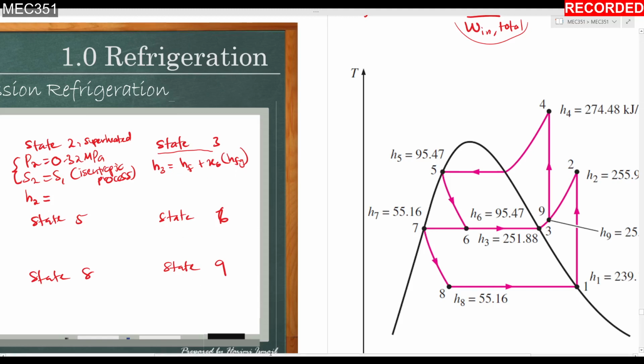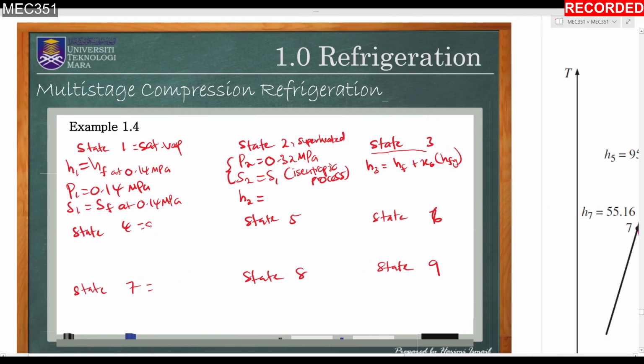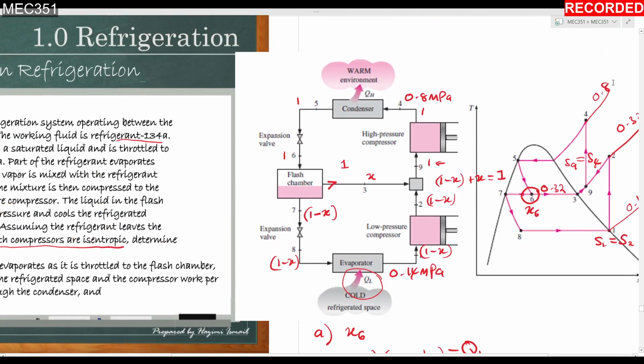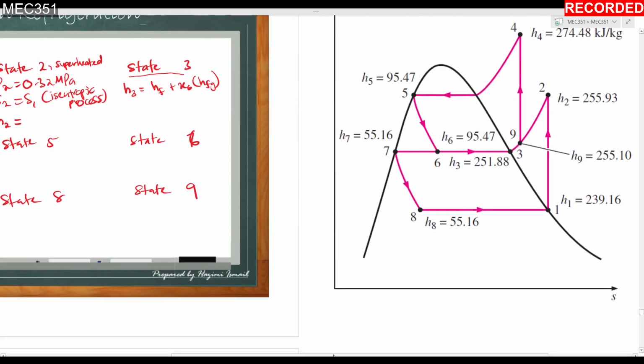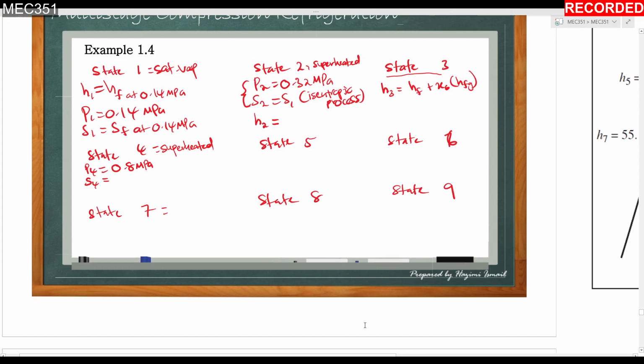And for state 4, it is also superheated. P4 equal to 0.8. Okay, entropy 4 equal to entropy 9.